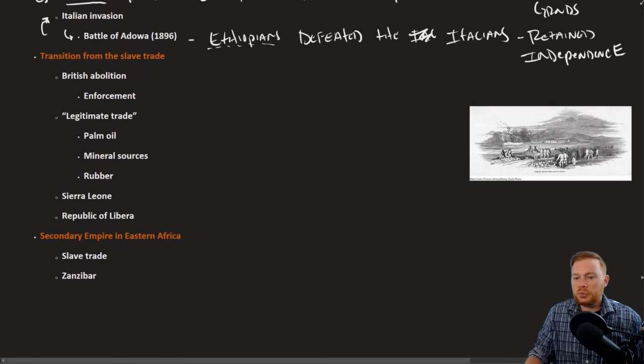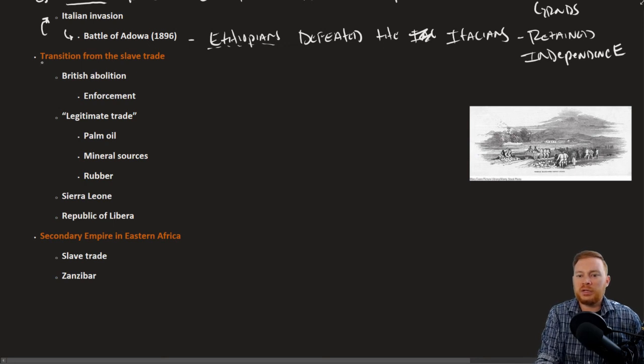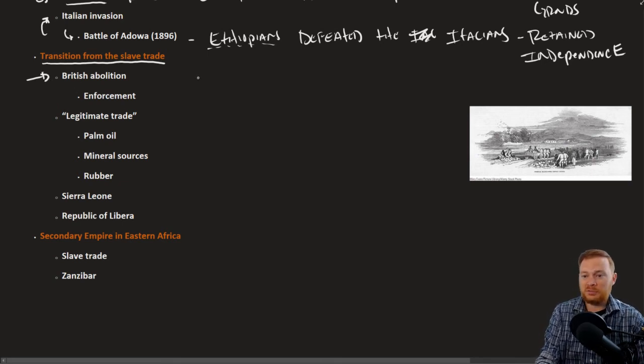One thing that was true of all of the continent of Africa was the relationship between outside powers and the slave trade. And during this period, Africa transitioned away from the slave trade. Probably the most significant and important aspect to that was the British abolition of the slave trade. So in 1807, the British abolished the slave trade, that is the buying and selling of slaves from Africa.